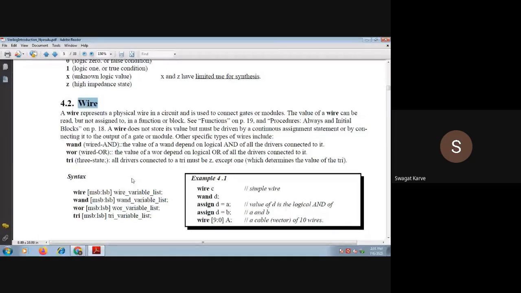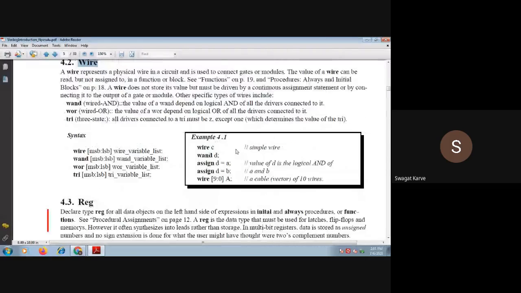Other specific types of wires are WAND, that is wired AND, WOR, that is wired OR, and tri, that means tri-state buffer, right? So these are some special types of wire.